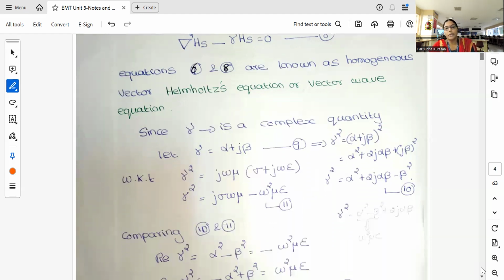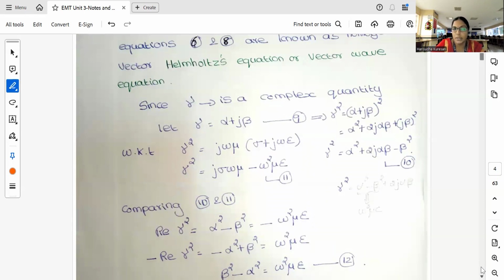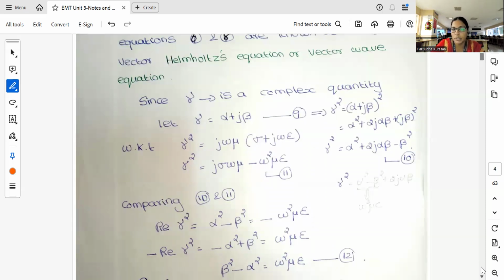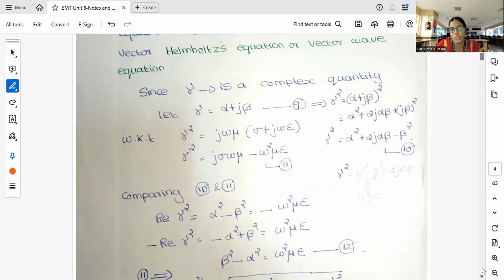Now here you know that gamma is a complex quantity. Gamma is nothing but the propagation constant, which is also a complex quantity. So you can represent gamma is equal to alpha plus j beta. So we know that from the previous equation, gamma square is equal to j omega mu sigma plus j omega epsilon.